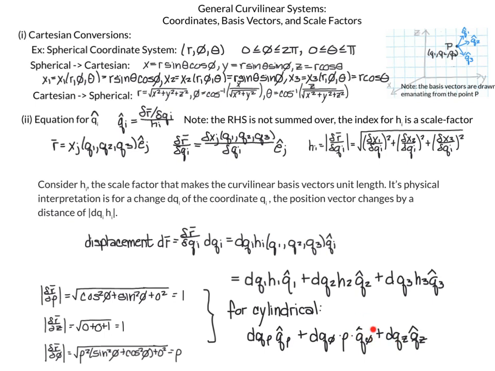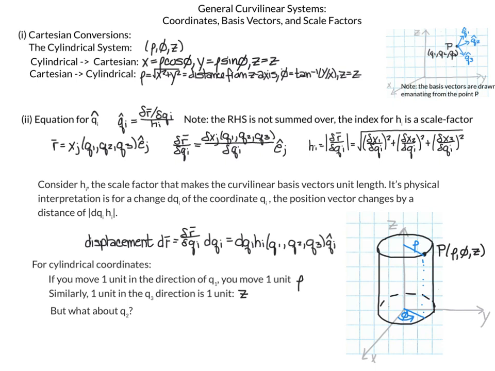Remember, because phi is an angle, the distance that we change p is going to depend on rho. So we have to put this scaling factor in. Your book explains this: hi, the scaling factor that makes the curvilinear basis unit length, has a physical interpretation.